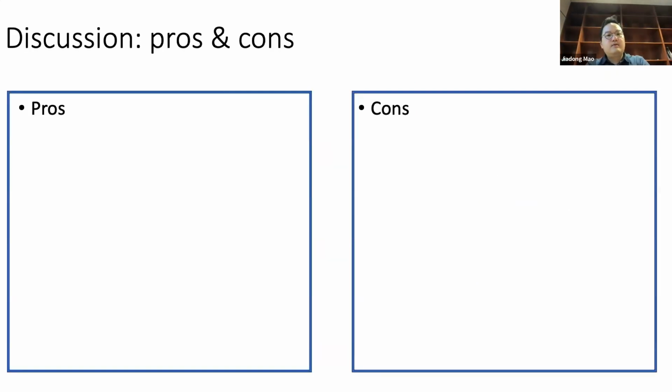Okay, so a brief discussion about the pros and cons of deep learning based methods. We have reviewed the history of deep learning very briefly, and we have introduced SCVI in detail.